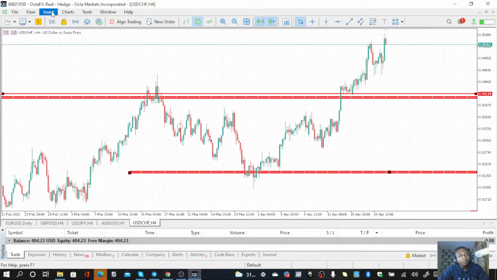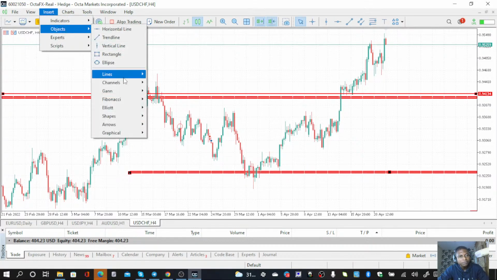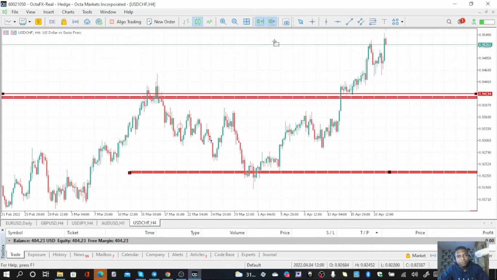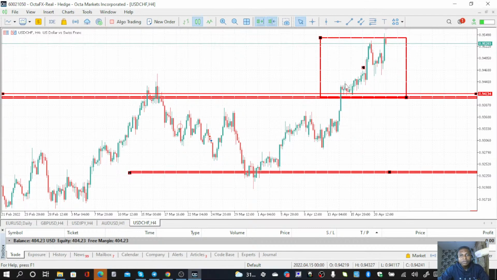See what happened on the 4 hours chart. Let me bring this in a box. See what is happening here. There is a breakout to the upside and a pullback. Then you could see the rejection candles here. I hope you're getting it.